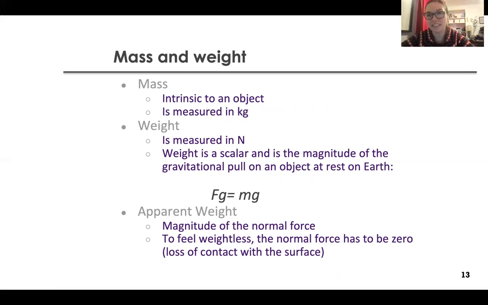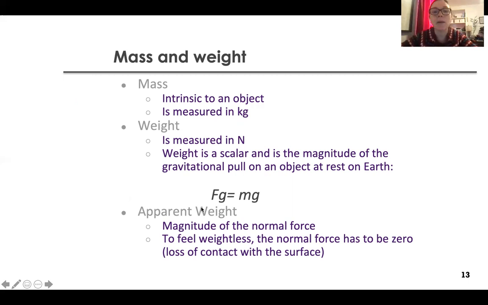So weight is Fg, mass is just the mass. That's the difference between mass and weight. So if I ask you how much you weigh, you should technically give me a measurement in newtons and not in pounds or kilograms, but I wouldn't ask you that anyway, so whatever.